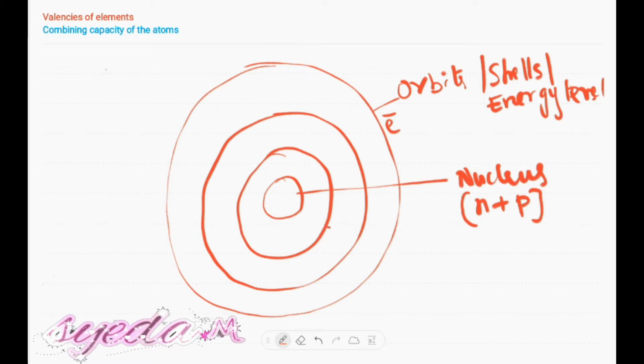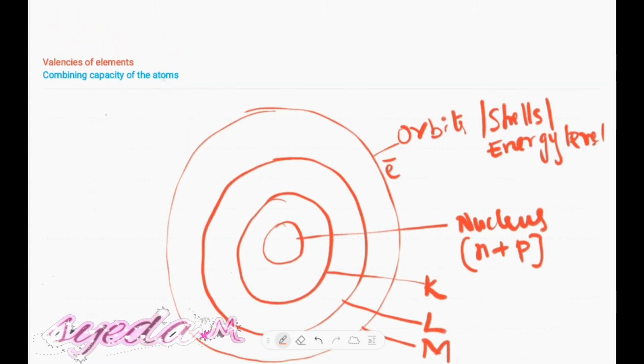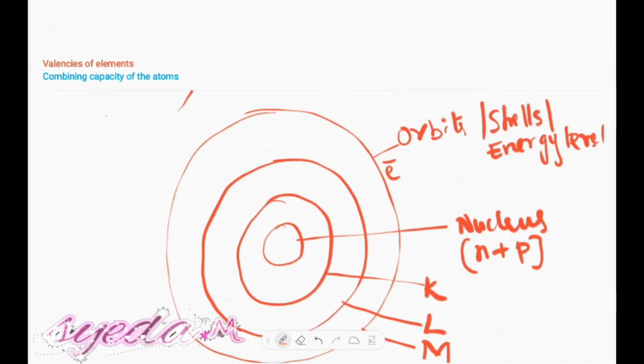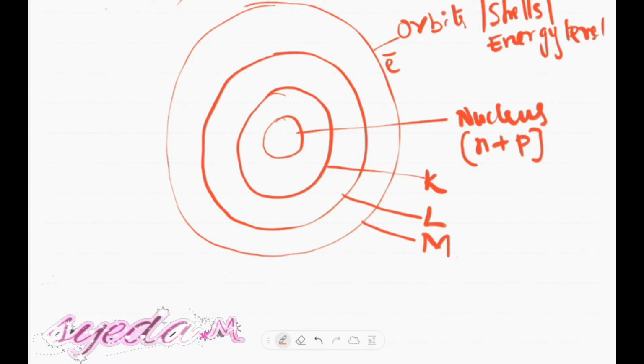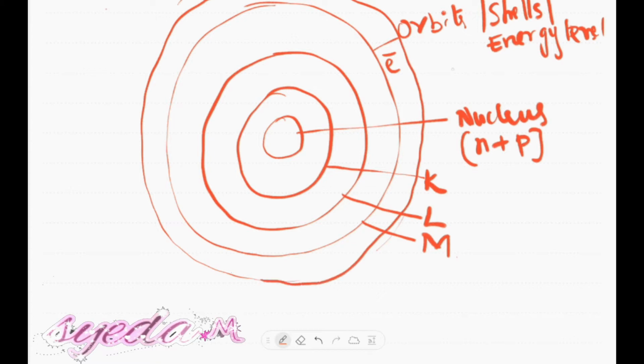The very first orbit, which is next to the nucleus, we name as K shell. Okay, the second we name as L, the third as M, and there could be a fourth shell also. If you take the fourth shell, this is N shell.